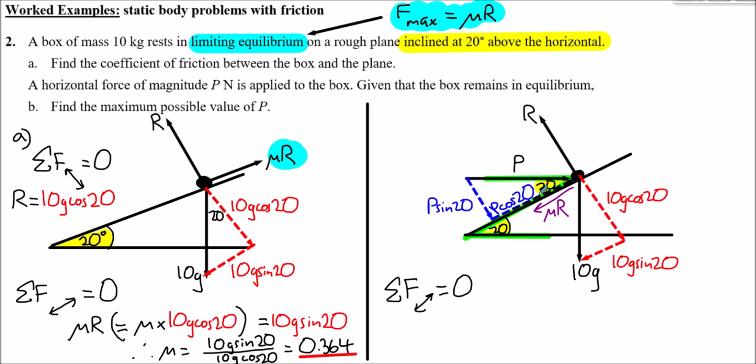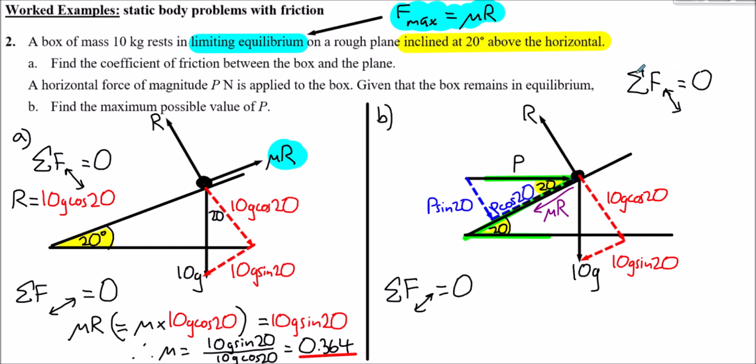Let's see though, first of all, come to think of it, if we can work out what R is. So in this case, for part B, still in equilibrium, so the total of the forces acting perpendicular to the slope will also be equal to 0.